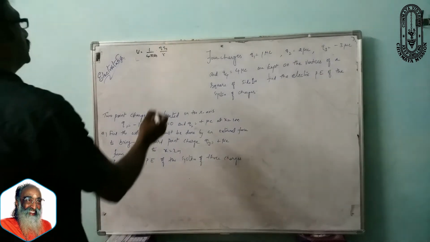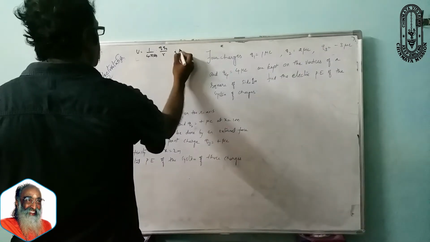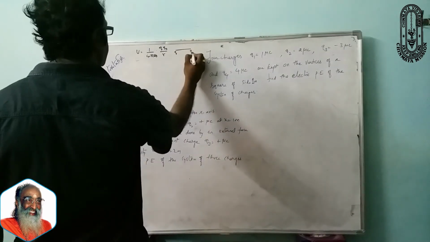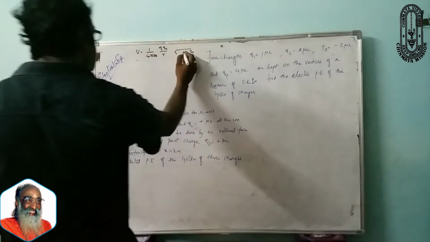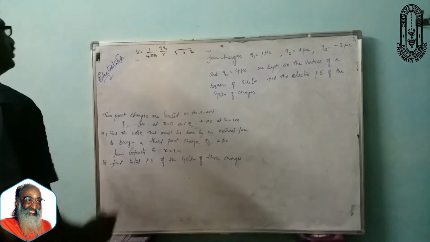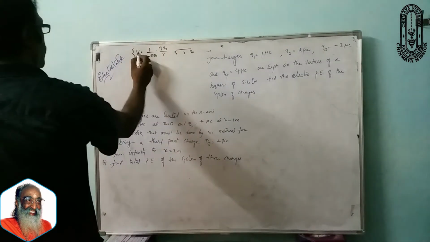That means the charge q is there and the charge q naught is there. So the potential energy due to these two charges, if the separation is r, you can find by using this expression, U at r.